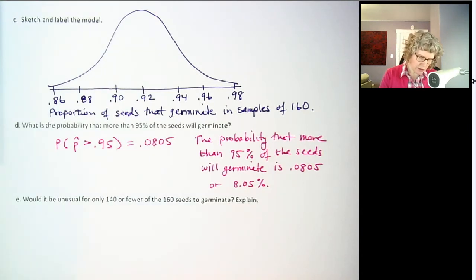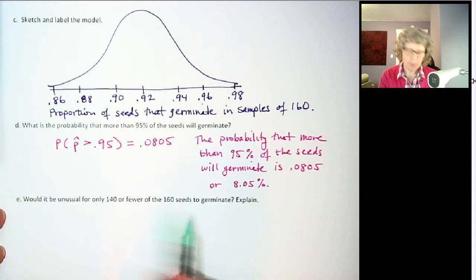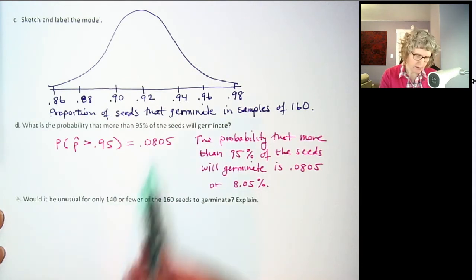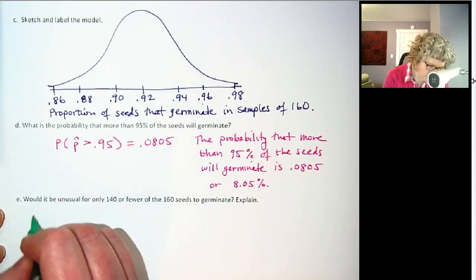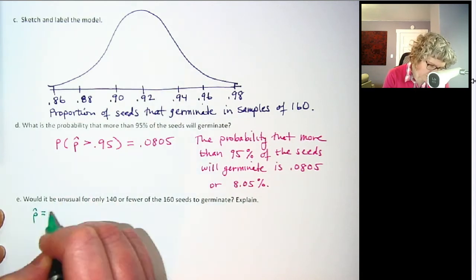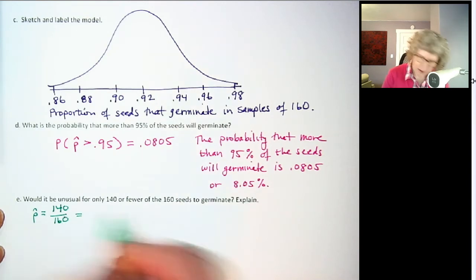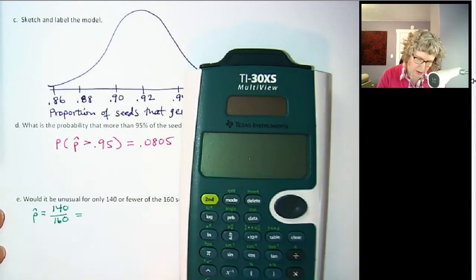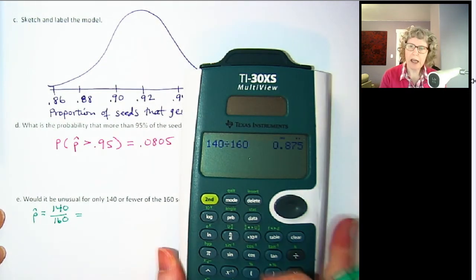So the first thing we need to do is figure out what percentage this would be. So you'll be given either this information or this information. Sometimes we have to find our p-hat: 140 out of 160. So that's why this example is in here, to show you both situations. 140 divided by 160 is 0.875.